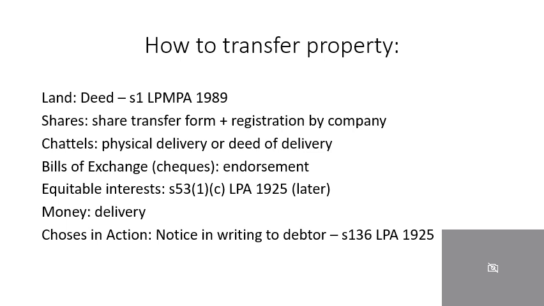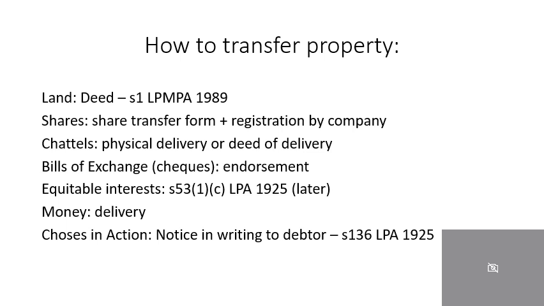So there's a chose in action there. So you can tell the debtor, this friend who's always borrowing money from you, who now owes you £500, you can tell them, by the way, when you do repay that £500, don't pay it to me, pay it to someone else. So how do you transfer it?